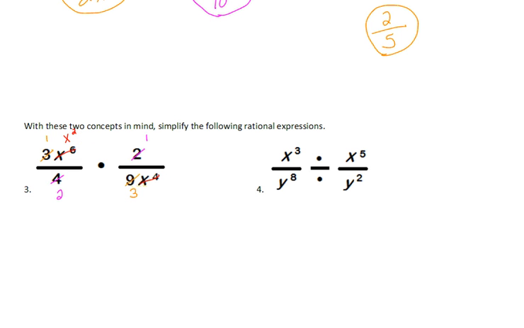Okay, it kind of looks like an ugly mess, but let's figure out what this is. 1 times x squared times 1. Looks like we're left with x squared in the numerator, 2 times the 3 in the denominator. And there it is. We simplified a rational expression dealing with ratios.